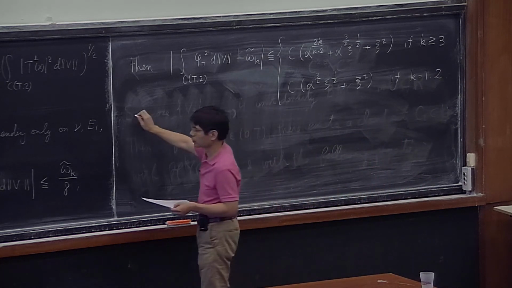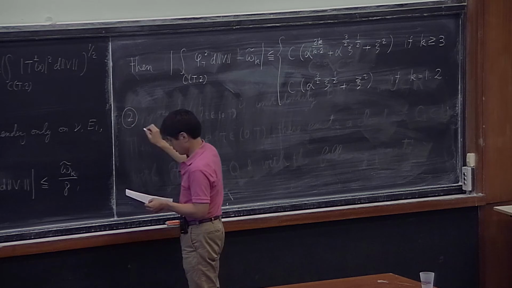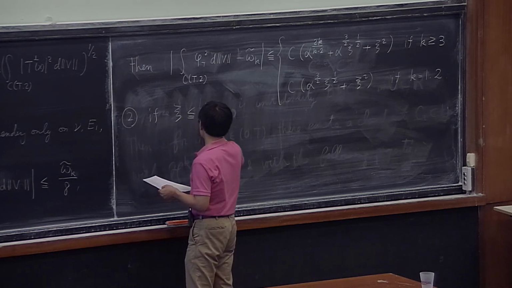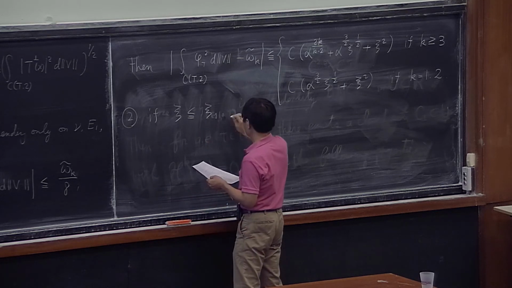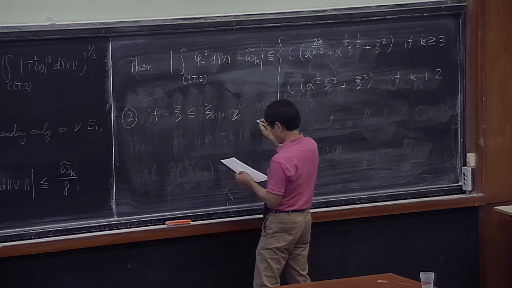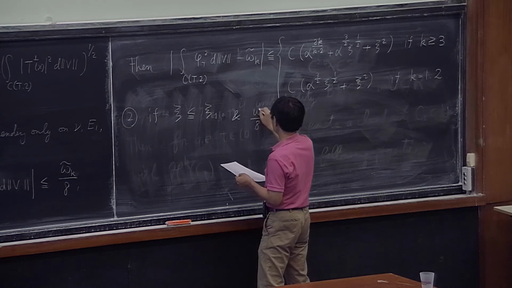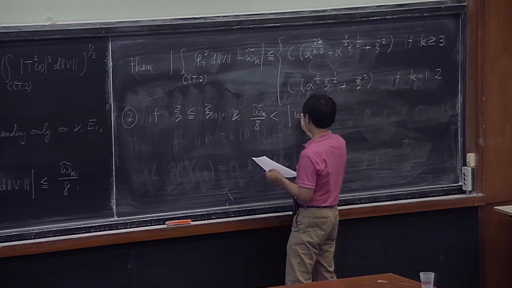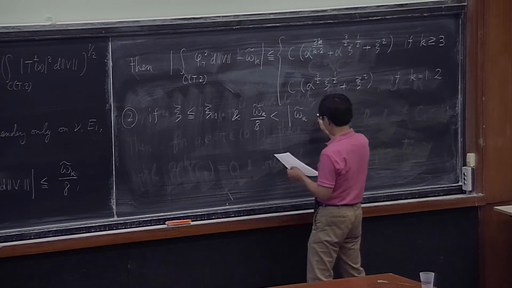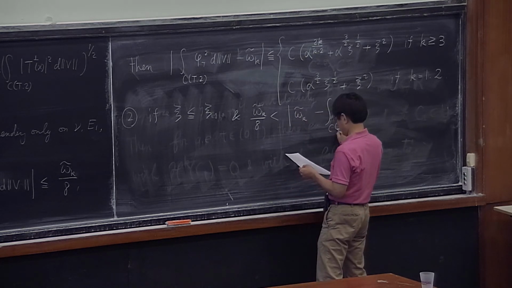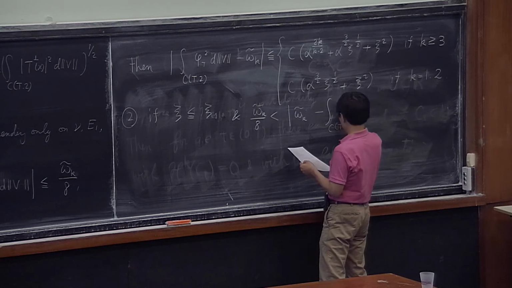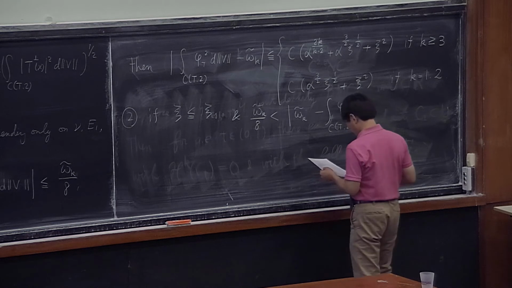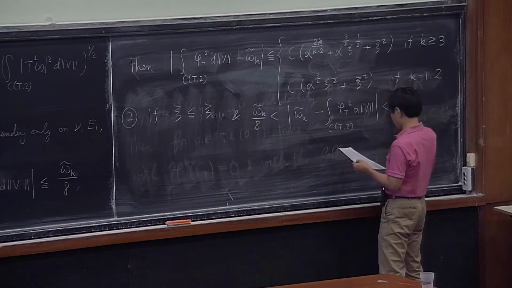And the second possibility: if xi is less than xi1 and the following inequality is true, this is bigger than omega k tilde minus... okay, this is between these two numbers.